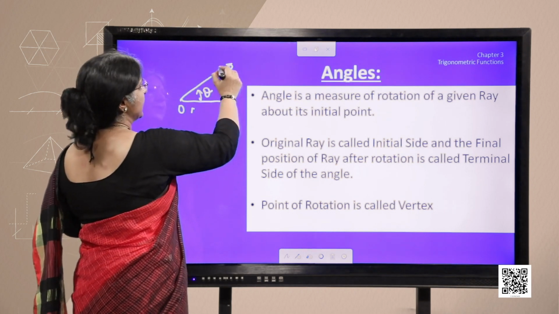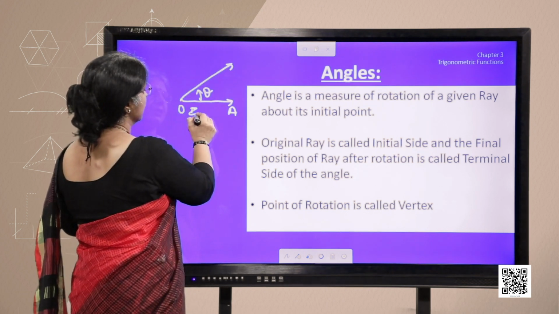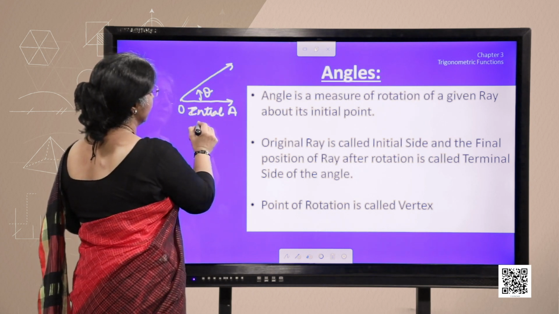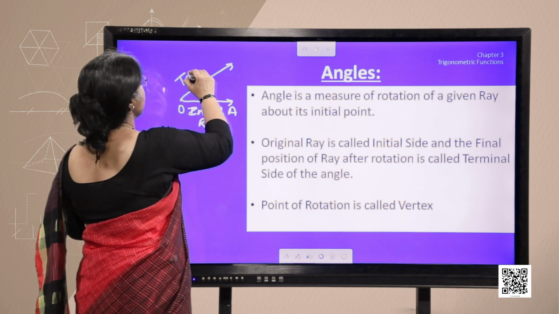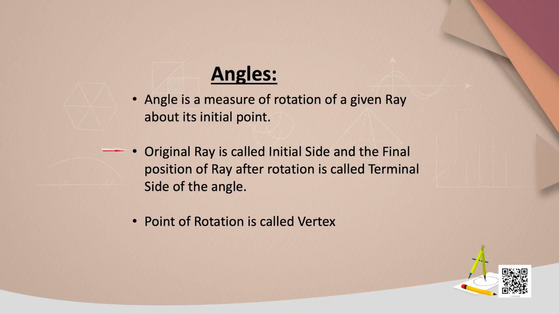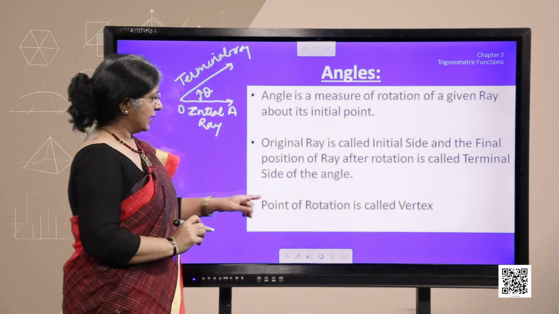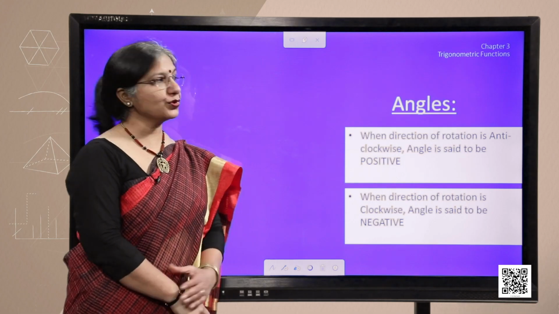This is called terminal ray, which is revolving. Initial ray is stationary. It keeps on revolving. Point of rotation is called vertex. Here it is O.